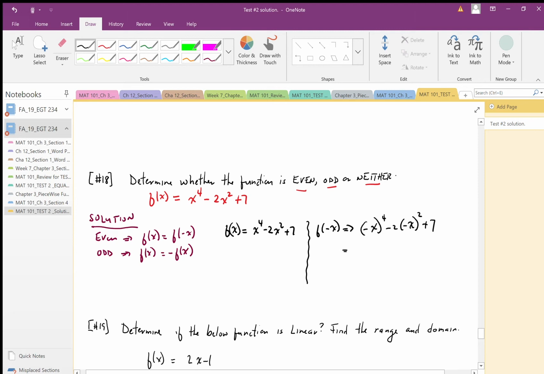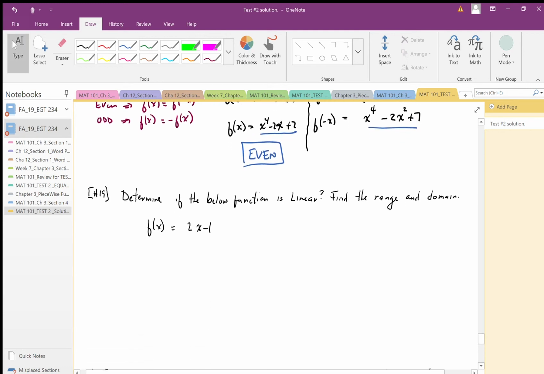Okay, and that gives us x to the 4 minus 2x squared plus 7. Okay, so since our f of x, which happens to be x to the 4 minus 2x squared plus 7, equals f of negative x, these are the same thing, right? Here and here. So that tells us that our function is even. Okay.